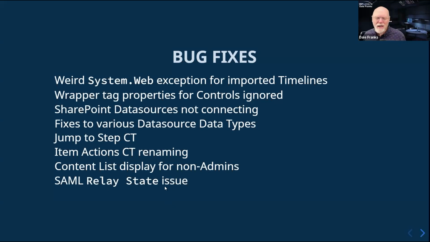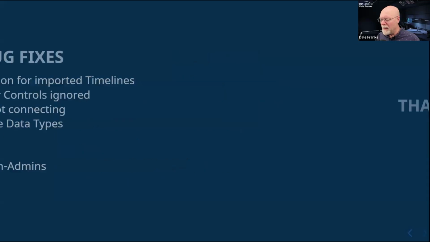We were passing the relay state parameter twice. And on some systems, they really, really don't like to have the relay state parameter passed to them twice. So we ran into a Japanese customer who happened to see that issue, and that is an issue that we have fixed.